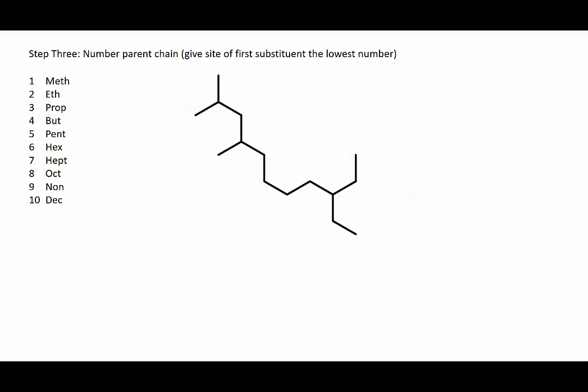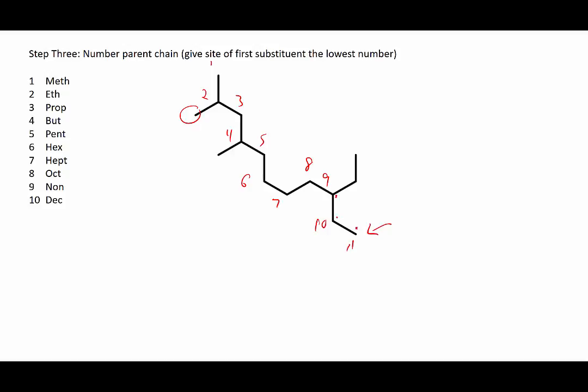Next, we're going to number the parent chain so that we get the first substituent at the lowest number. Basically, we can say 1, 2, 3, 4, 5, 6, 7, 8, 9, 10, 11. In this case, the first substituent shows up at 2. If we numbered the other way, starting here, it would be 1, 2, 3.